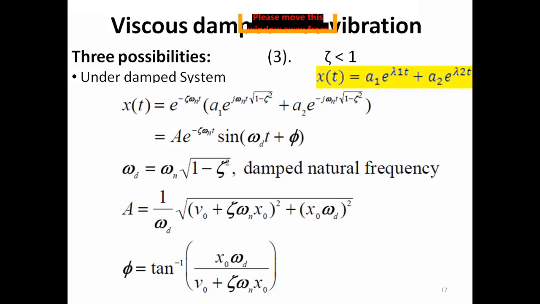But if we look outside the parentheses, there is an exponential decaying function. So it means that the vibration would be sinusoidal, but with the passage of time the vibration would diminish. The amplitude of vibration would decrease with the passage of time, and it would eventually be gone.